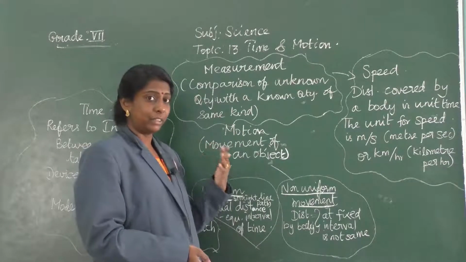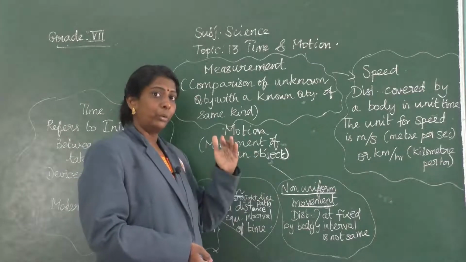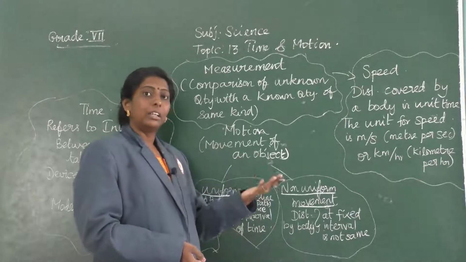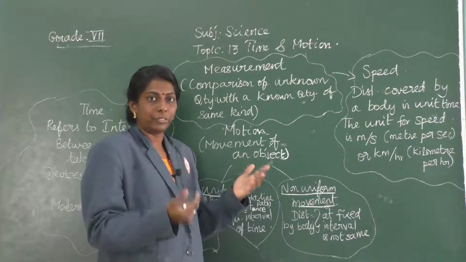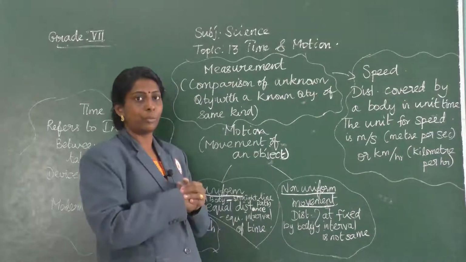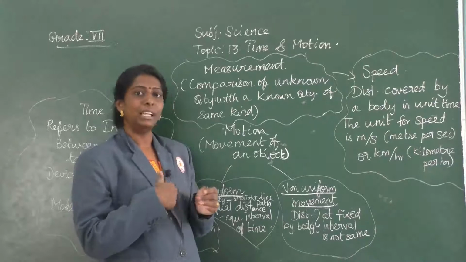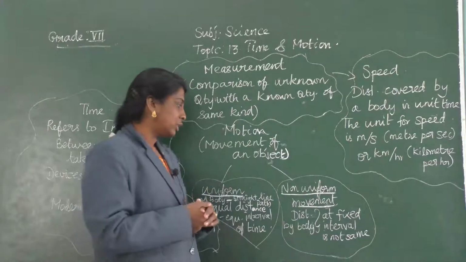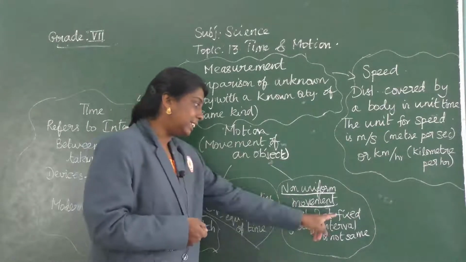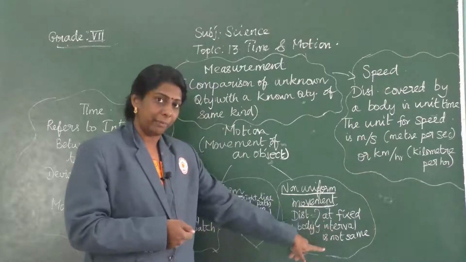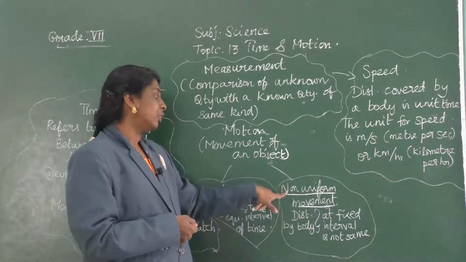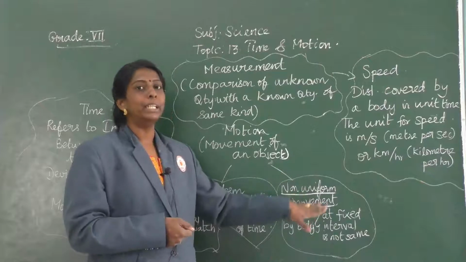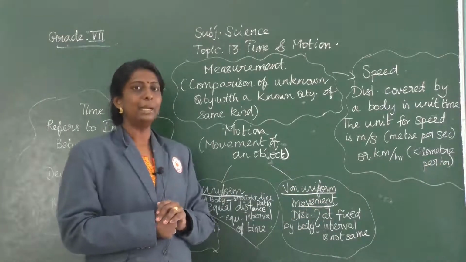If you are travelling by auto, it might take a little more, 15 or 20 minutes. And if you are walking, it will automatically exceed. Is that not so? So if the time taken for a fixed distance is not the same, then it is said to be non-uniform movement or motion. Clear?